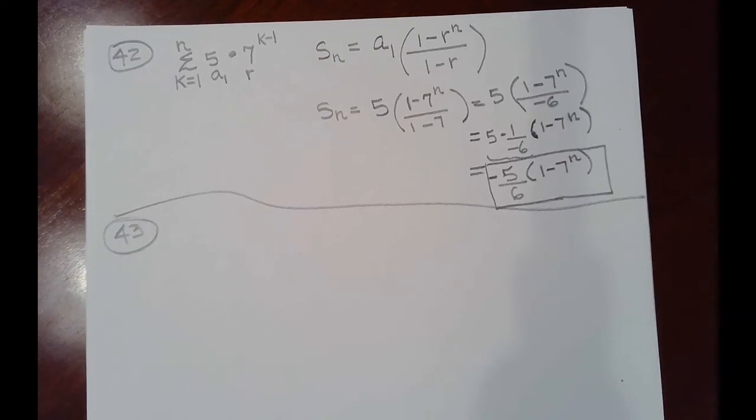So when you're trying to decide, are you ever going to approach a specific number for your sum? That's called converging. When it converges, that means that you actually can find the sum, even though theoretically it goes on infinitely. When it diverges, that means it does not approach a specific value.